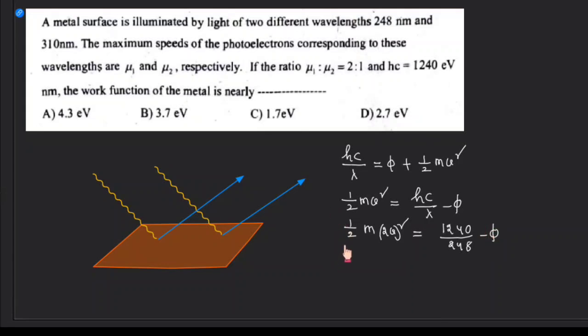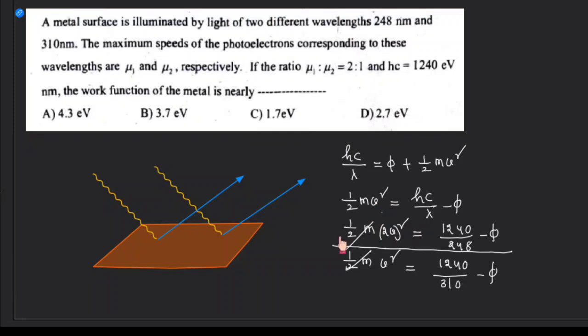And the second equation can be written as half m v square is equal to 1240 by 310 minus phi. So calculate this answer, and just divide these two equations, you will get the answer, right?